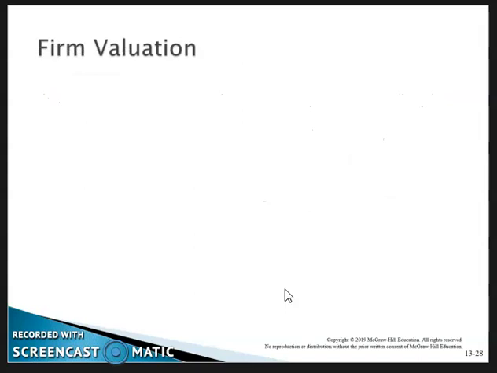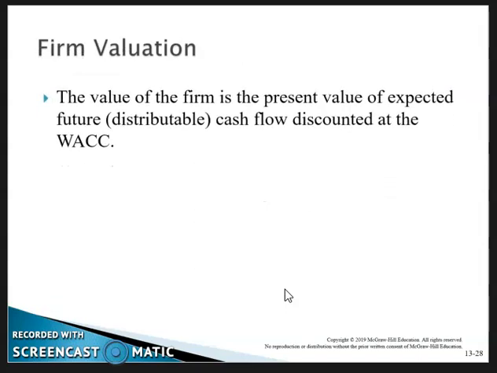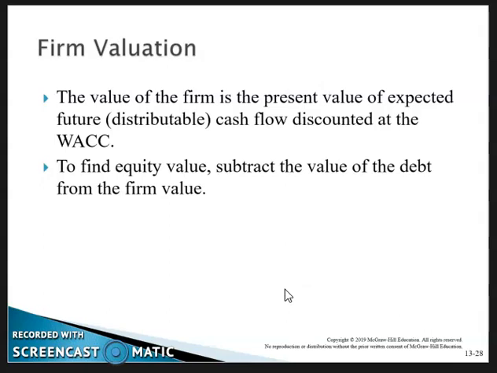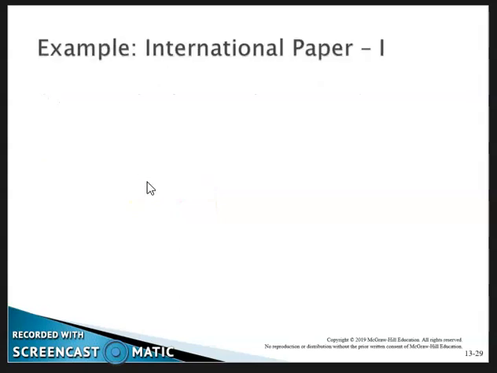So, firm valuation. The value of the firm is the present value of future expected distributable cash flow discounted at the weighted average cost of capital. To find the equity value, we subtract the value of debt from the value of the firm. So, example here, we've got International Paper.